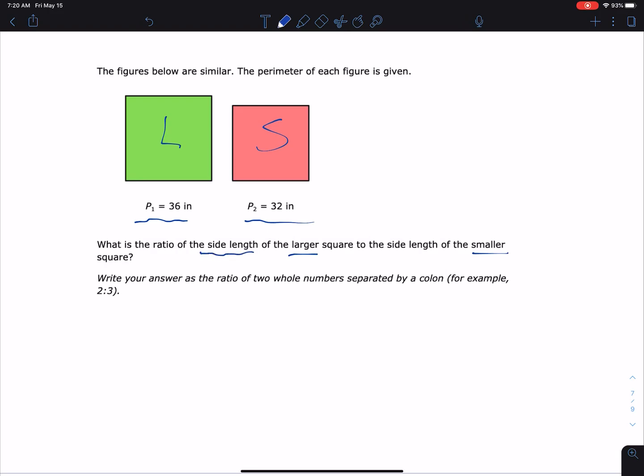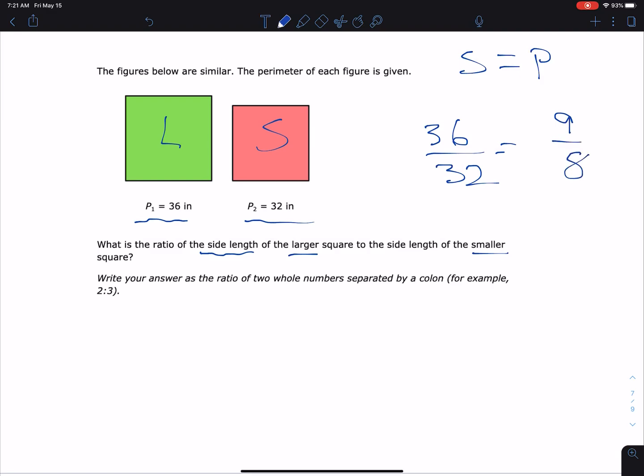Well, I know they gave me perimeter, but we know side is the same as perimeter in terms of ratios. So if I can set up a perimeter ratio, which is 36 over 32, that would be the same as a side length ratio. So all I need to do here is reduce it. 36 over 32, if I divided both by 4, that would give me 9 over 8.